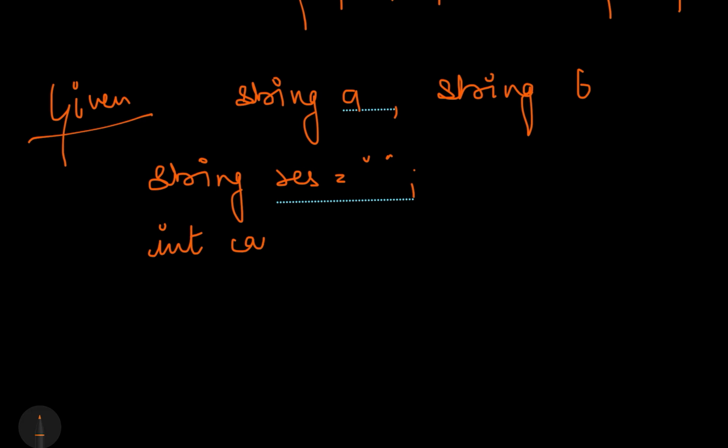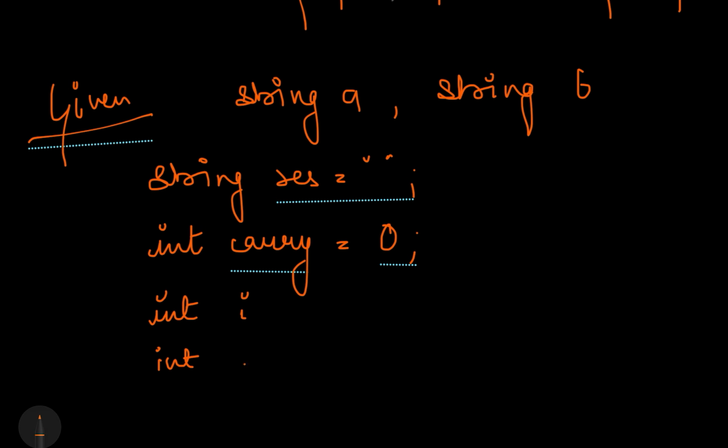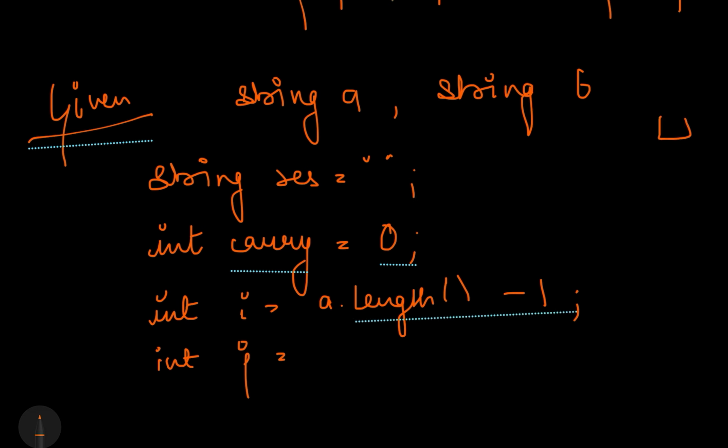And we'll make a variable in which we'll keep our carry. Initially our carry will be 0, and then variables to store the lengths of both the strings, which is a.length and b.length, and we'll simply subtract 1 to get our rightmost element.